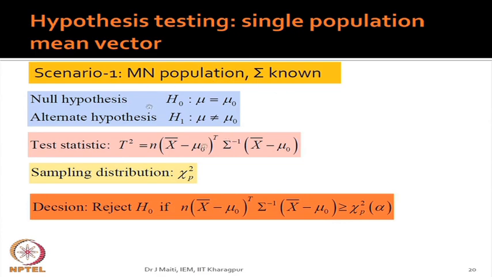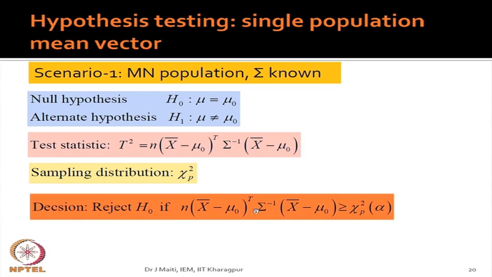Okay. See this slide. Your first scenario chi-square distribution, and this is the case reject H0 if this quantity is greater than chi-square p alpha. See, already you have computed all those values. In the earlier example, you have computed this value also, this value we have not computed, mu 0 is given now.